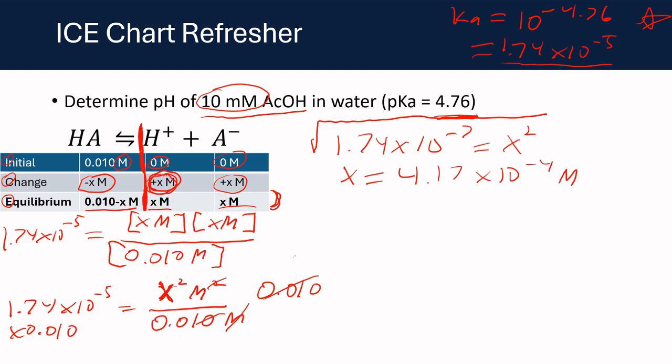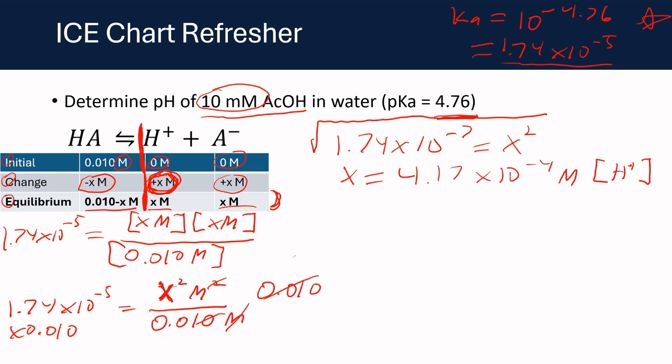This is the concentration of H+. Because let's consult our ice chart again, X equals the concentration of both A- and H+.